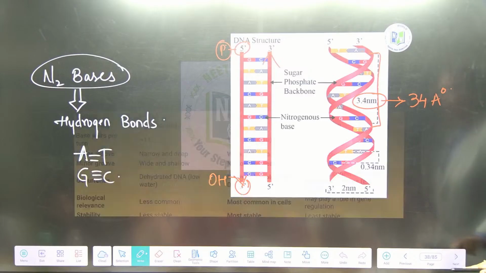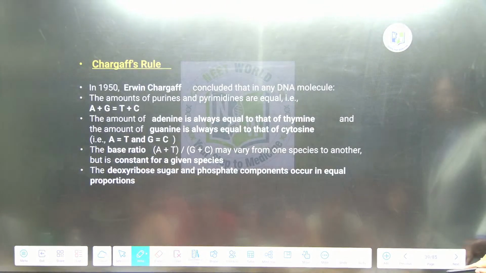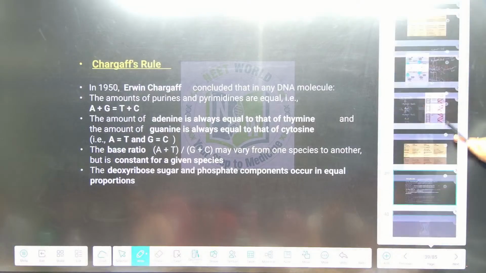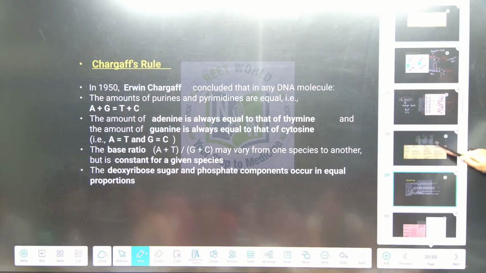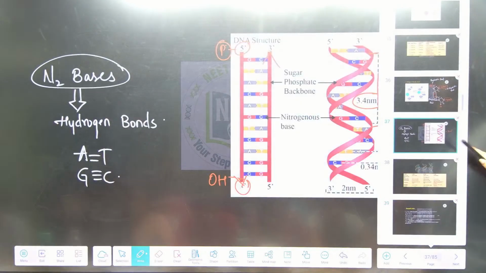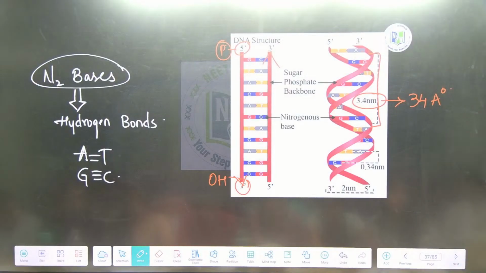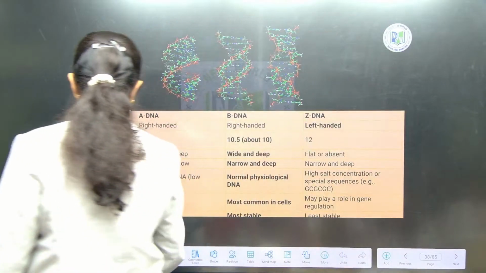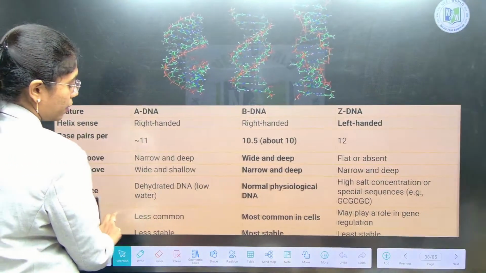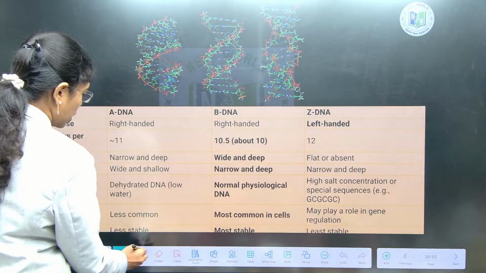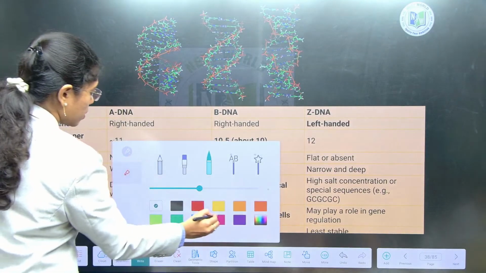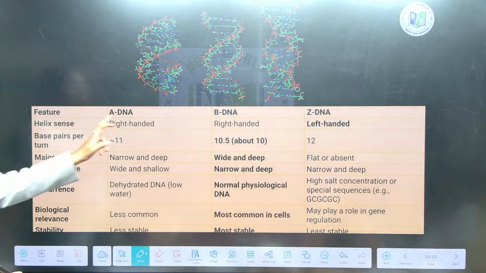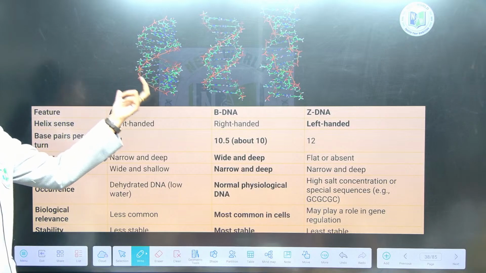Fine. Here you can also look into the comparative analysis once. We have enough time. In this, what you have to focus is, first, how the double stranded DNA is folded.